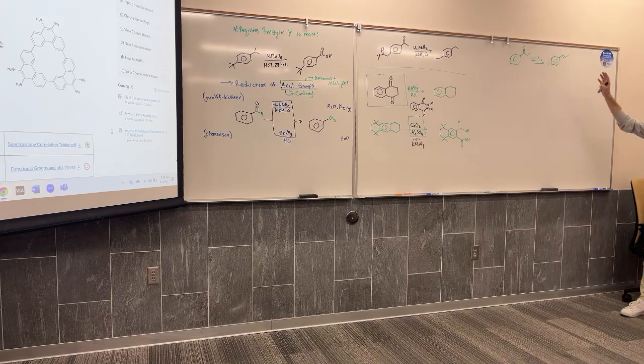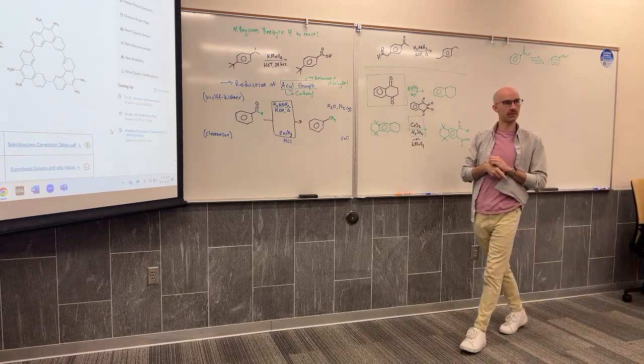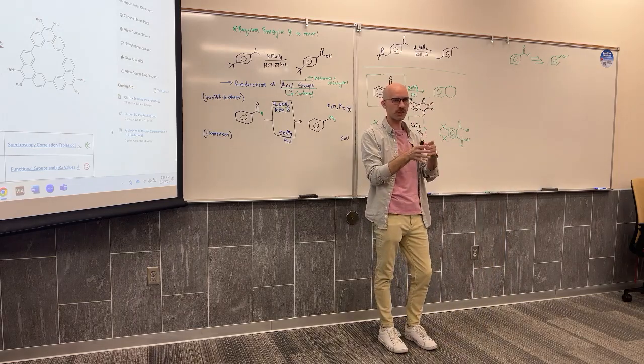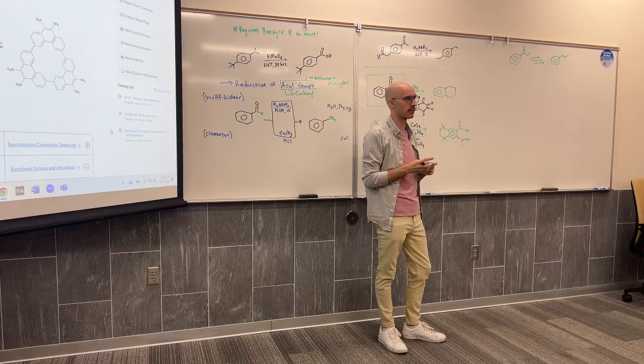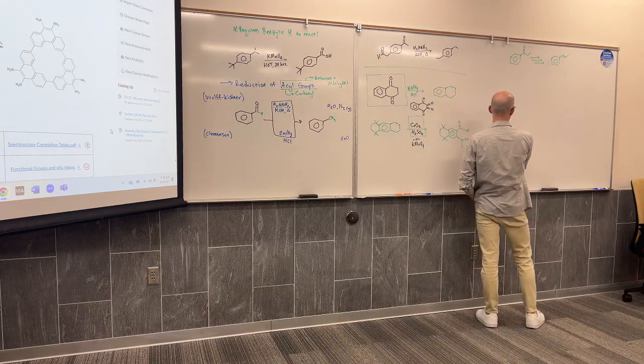Okay, looking at our multi-step synthesis, I gave you guys that clue that we could do it in 3 steps. You could do it in more, but oftentimes we're looking for the most efficient multi-step synthesis possible. Do you guys remember the tips that I gave you on multi-step synthesis? Start from the beginning and the end.